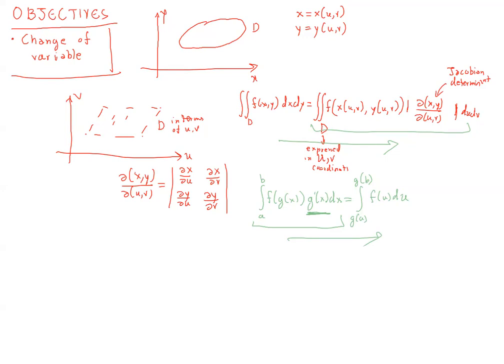Now there would be a question about why we don't have it in absolute value. And actually, let's quickly answer that question. It's because the absolute value is not needed since we take g of a to g of b. So if that derivative happened to be negative, then the function would be decreasing.